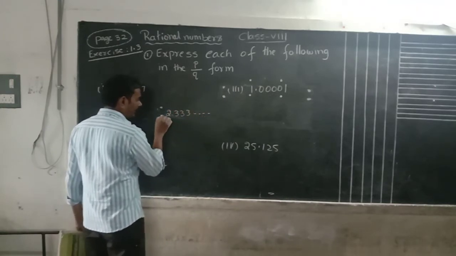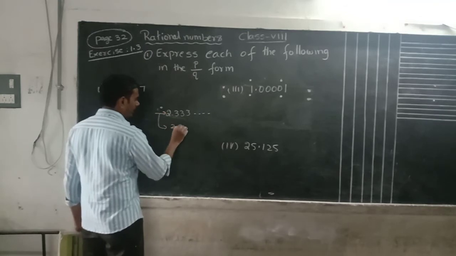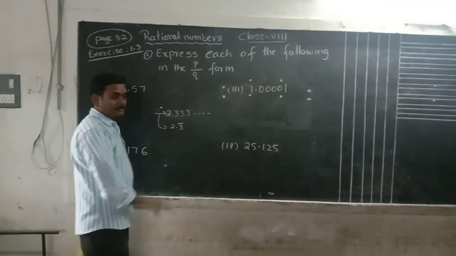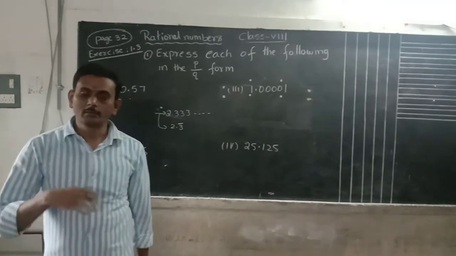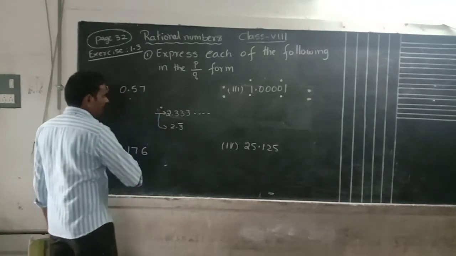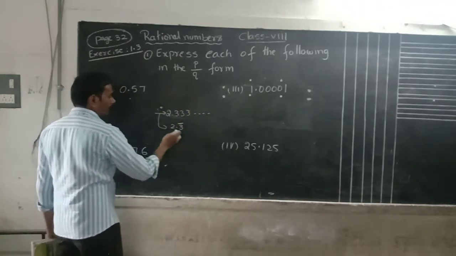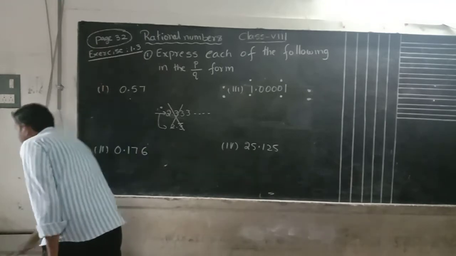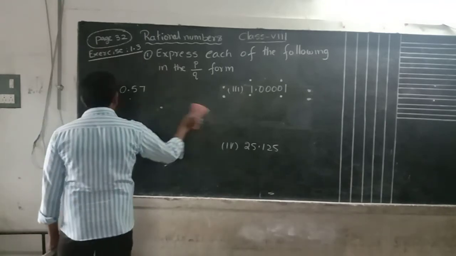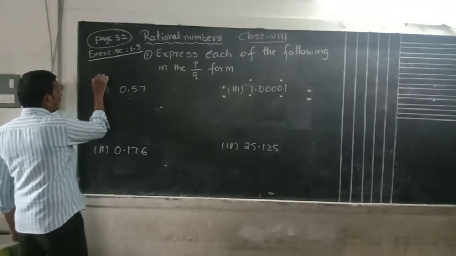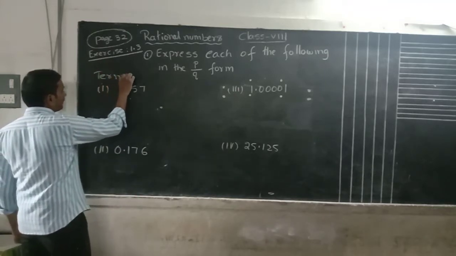If you have a number like this, these are called non-terminating decimals. How we can convert them, we can discuss later. But no number in these 4 is related to this form. So terminating decimals are given to you. How can we convert them? Which decimals are terminating?